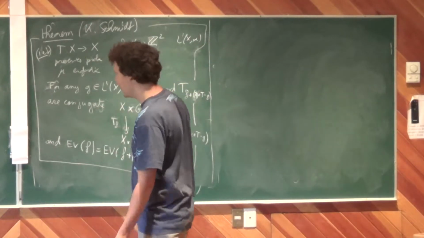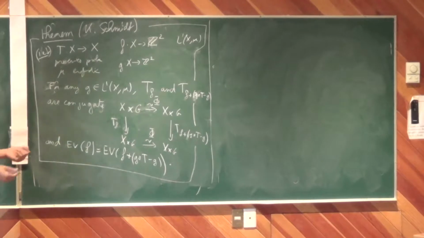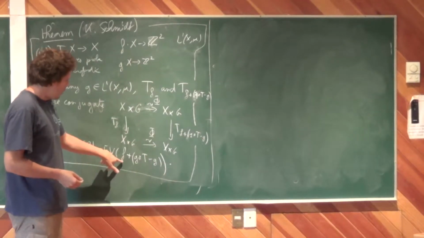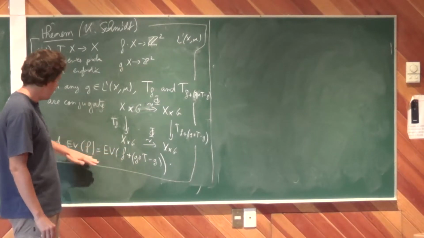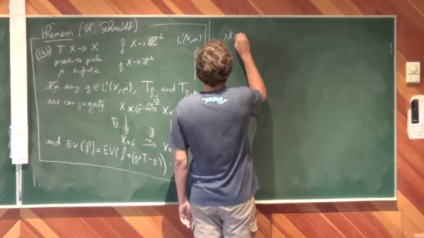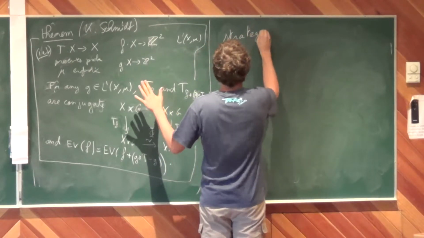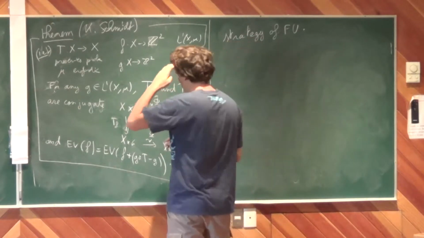So why is it powerful? Because if I have a nice coboundary, I can consider f plus my coboundary and have another transformation. So the strategy for this is what Frączek and Ulcigrai use in their proof.